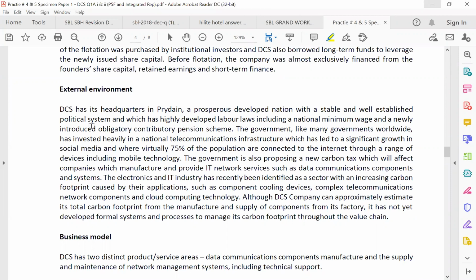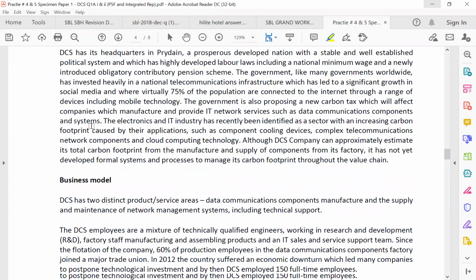Although the DCS company has approximately estimated its total carbon footprint from manufacture and supply of components from its factories, it has not yet developed formal systems and processes to manage its carbon footprint throughout the value chain. Business model.